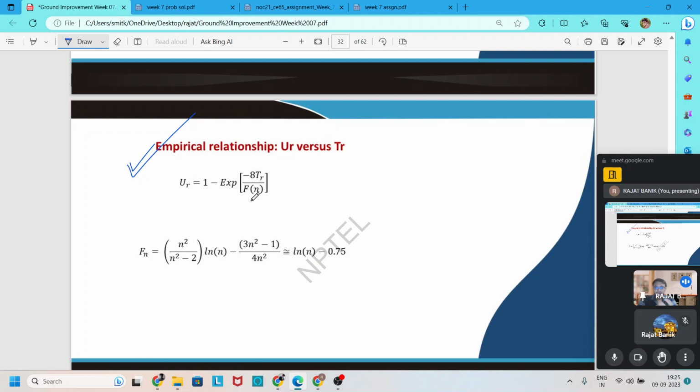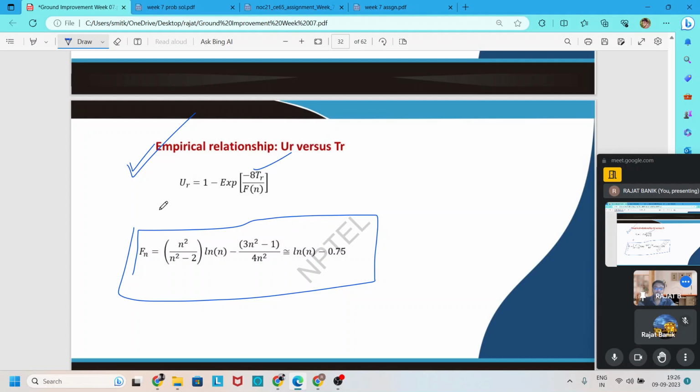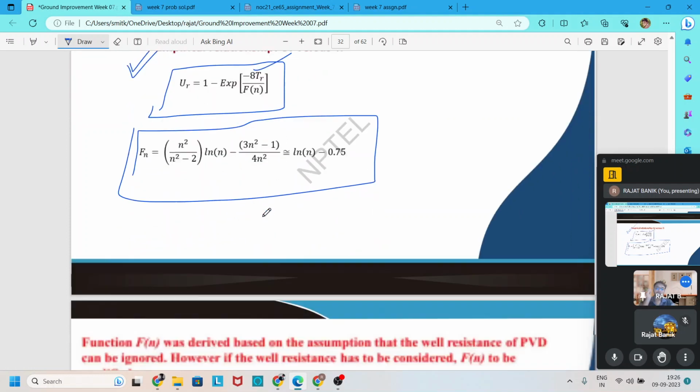Fn is a parameter given by n squared divided by (n squared minus 1) into ln n minus (3n squared minus 1) divided by 4n squared, which is almost equal to ln n minus 0.75. So by this formula we find Fn. After finding Fn and Tr, we find the degree of consolidation for the radial direction.